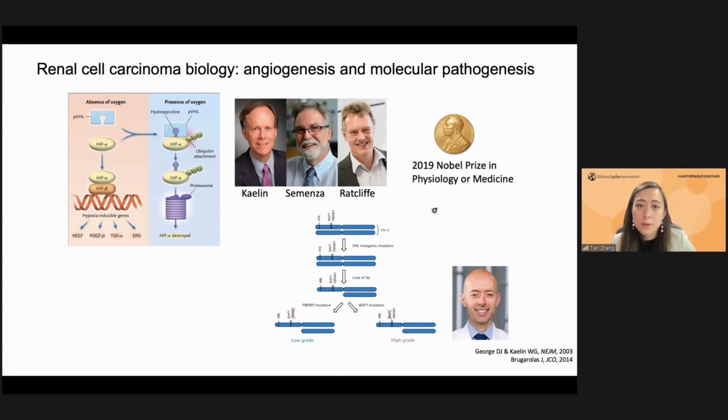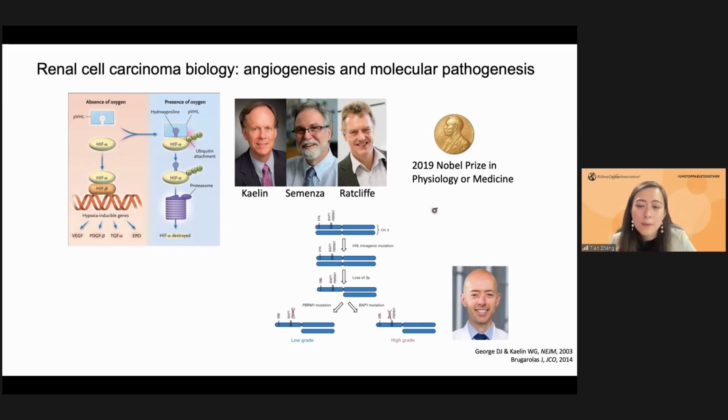And so many of you are familiar with the work that earned the 2019 Nobel Prize in Physiology or Medicine, looking at molecular biology of oxygen sensing and what happens when the von Hippel-Lindau protein is lost, and when the cell cannot sense and inappropriately builds up the HIF complex, the hypoxia-inducible factor complex, and makes its downstream regulators to increase blood vessel formation.